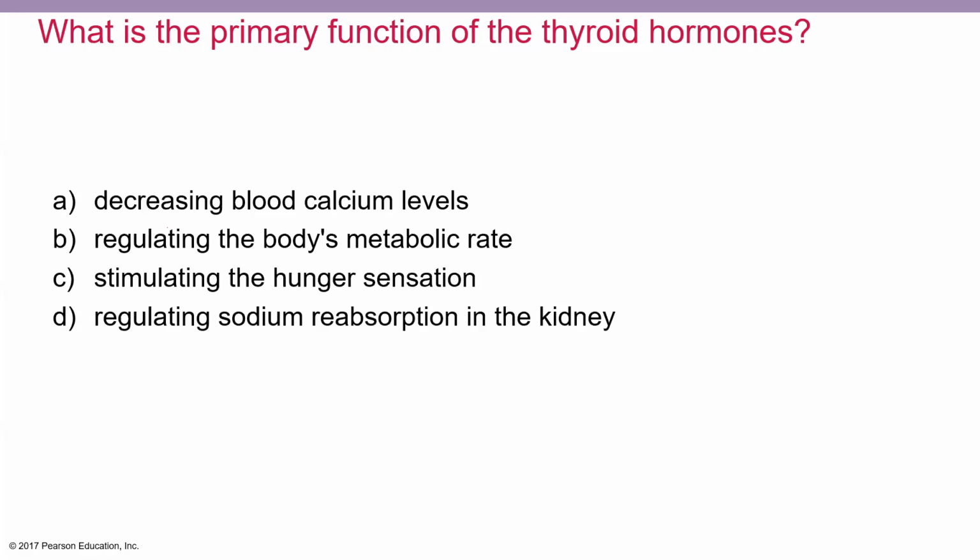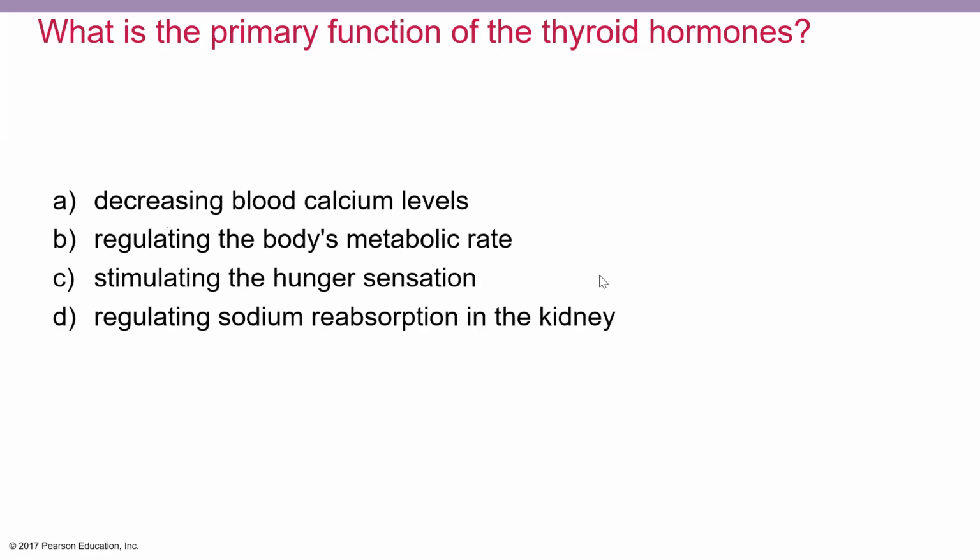The primary function of thyroid hormone is regulating the body's metabolic rate. Okay, we talked about all the examples of structures thyroid hormone has an influence on. So the activity of the sodium potassium pump, the number of mitochondria, the size of mitochondria, et cetera. And so that's going to be the body's metabolic rate.